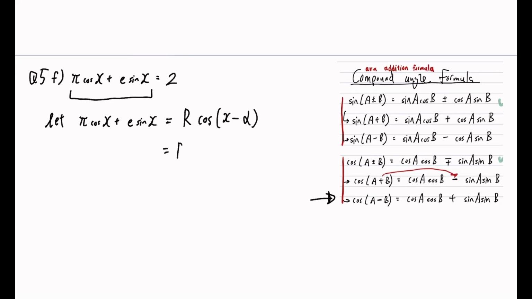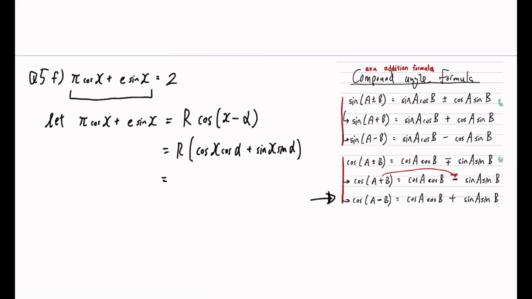So you expand it out and you get what? You tell me how to expand it. Read out for me, I copy it down. Cosine x minus alpha: cosine x cosine alpha plus sine x sine alpha. Multiply in, what do I get?